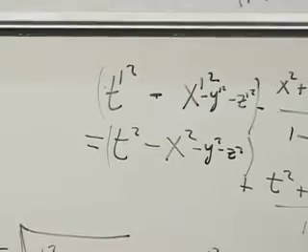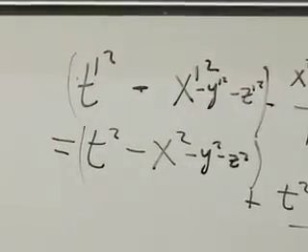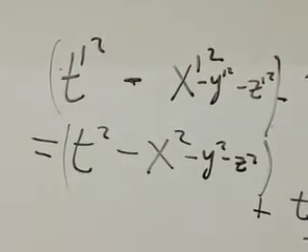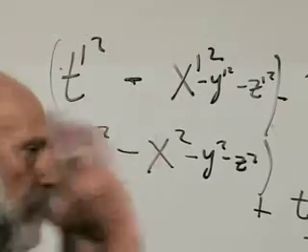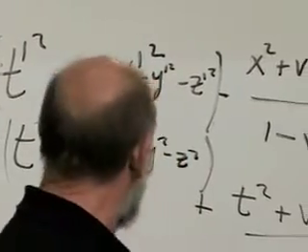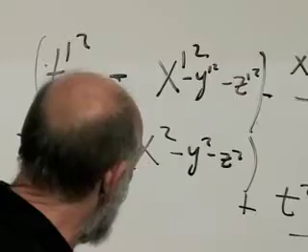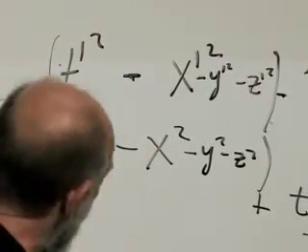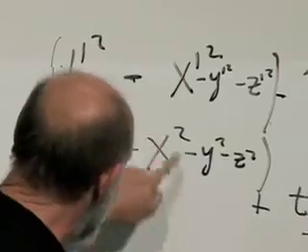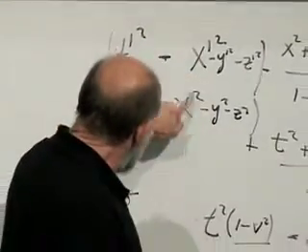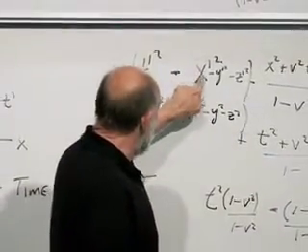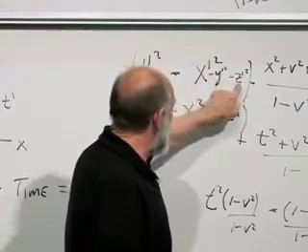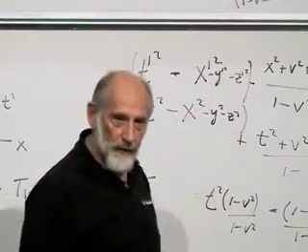That makes sure that our definitions don't depend on direction in space. As long as we know that we're only talking about Lorentz transformations along a given axis, we don't really have to worry about y and z. But if we wanted to do Lorentz transformations along some other axis, and we wanted to add in y and z, we would note that this whole quantity, t prime squared minus x prime squared minus y prime squared minus z prime squared, is invariant.